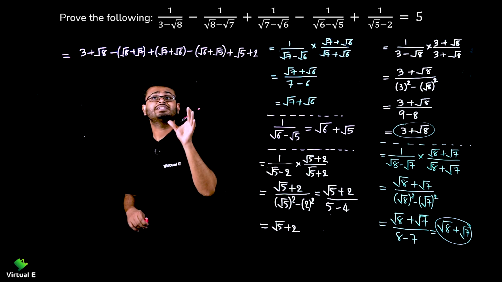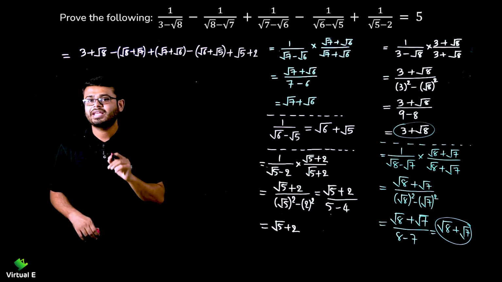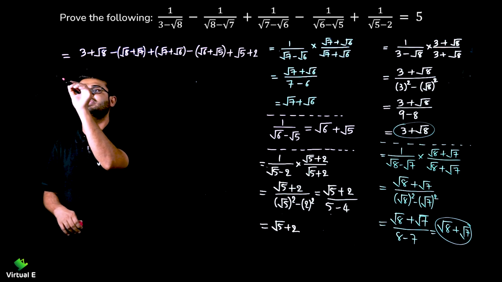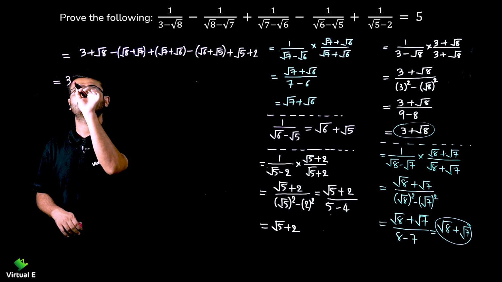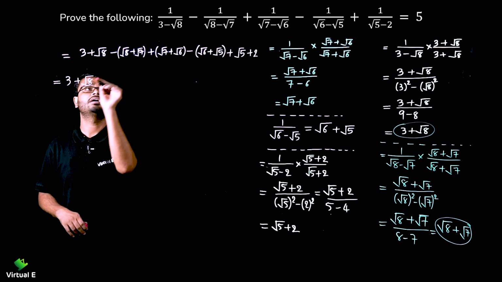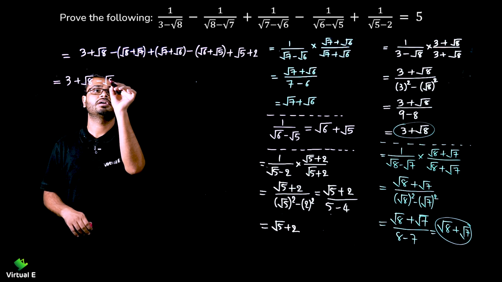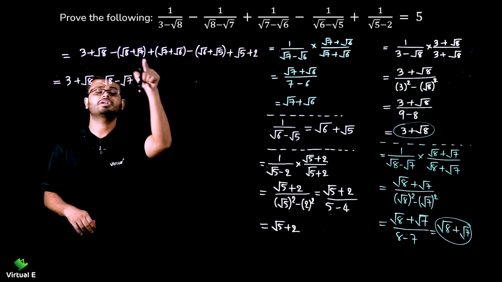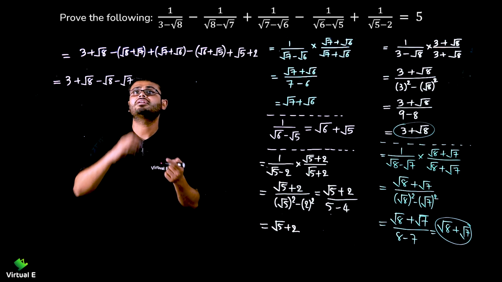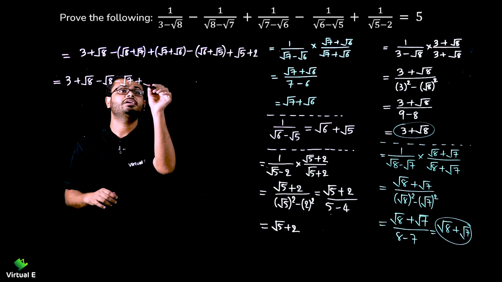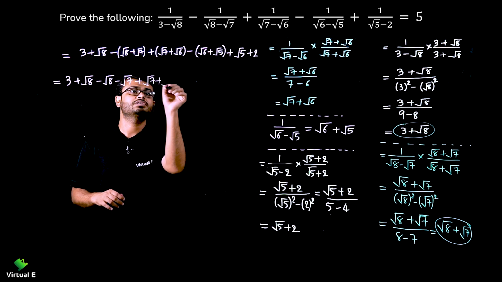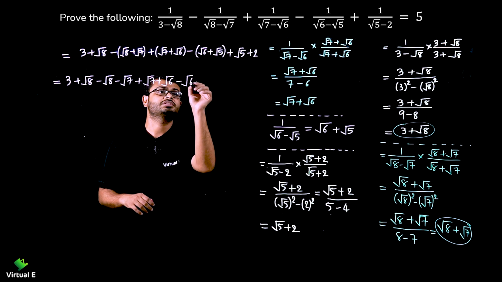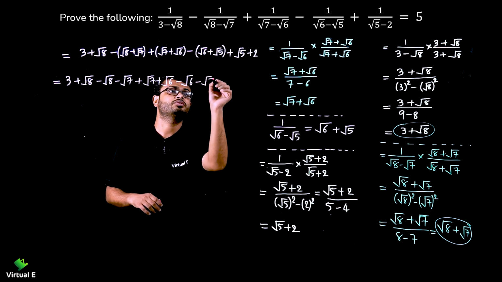Done. Now we can see there are two brackets specifically which are having negative sign. Plus doesn't matter much, right? We are not going to change the sign in that case. So 3, then plus root 8, here minus root 8 and minus root 7, because negative is there, so we are supposed to change the sign of the terms which are inside, and here root 7 plus root 6, then here minus root 6 and here minus root 5.